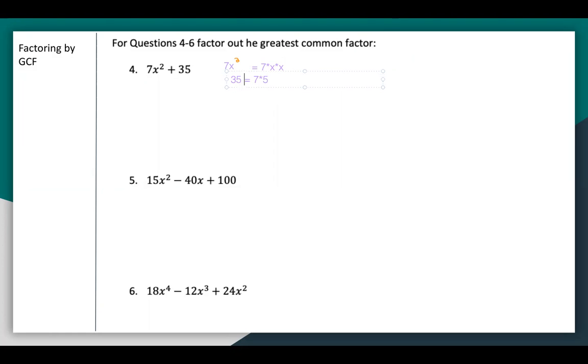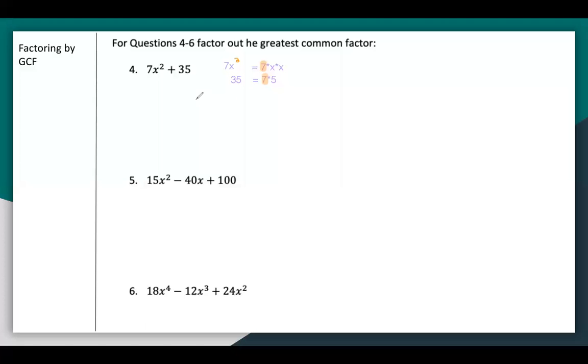And so between these two terms, what do they have in common? Well, the only thing they have in common is this 7. So we're going to take out this 7 from 7x squared and take it out of 35. That's what's common in both. I can redistribute that 7 back in and get the same thing.